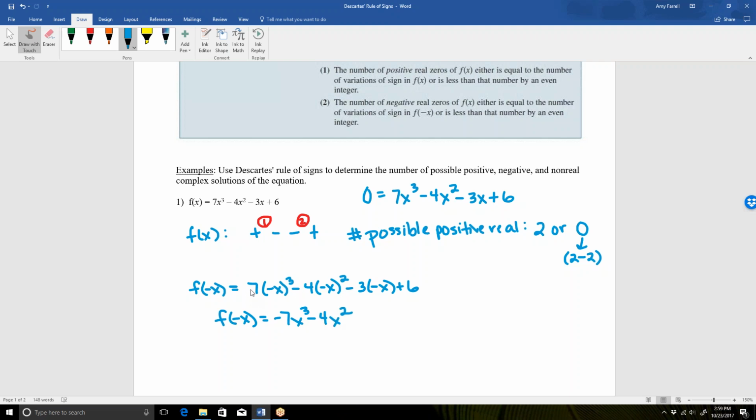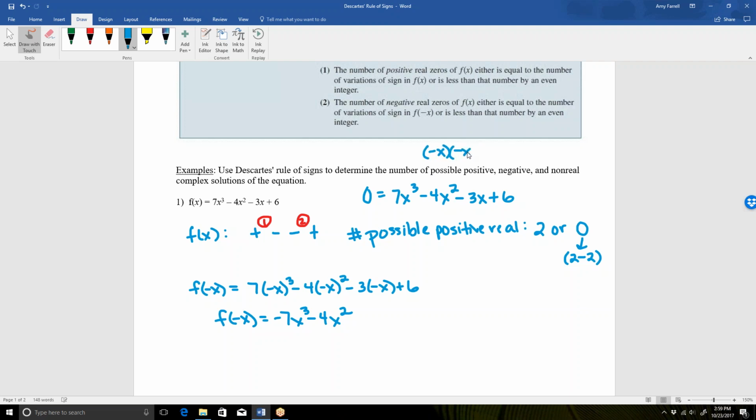Now let me explain why this became a negative 7x cubed, but this one stayed minus 4x squared. By order of operations, we need to evaluate exponents first.